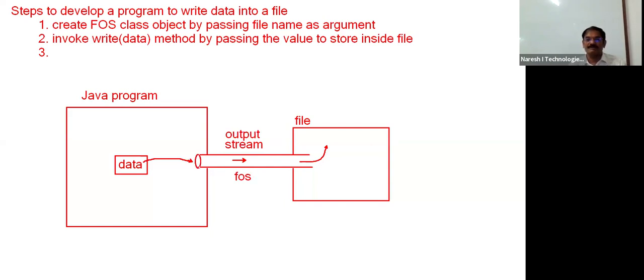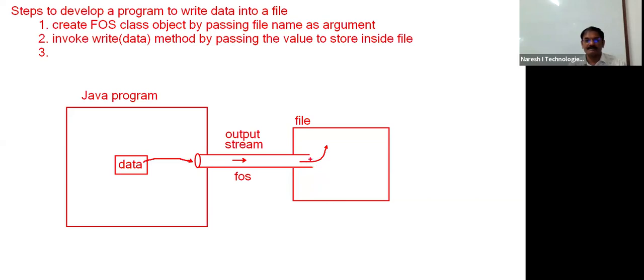Generally we represent a stream as a pipe connection, like your real life pipe. In real life you have pipe connections, similarly in a Java program the connections are represented as pipes.